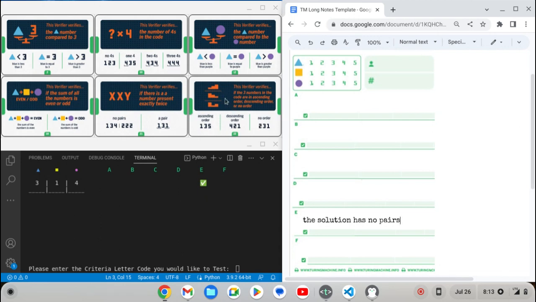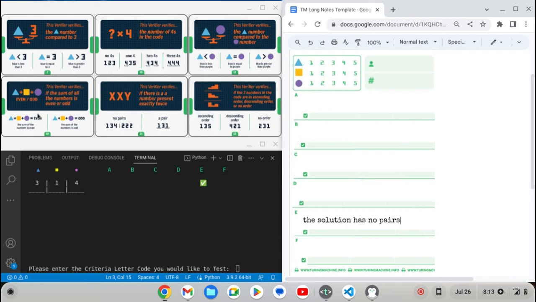And so I think that would make this card irrelevant. So I think it's safe to say that the solution is going to have all distinct digits. Which means then that criteria card B, it's a 50-50. It's either the 4 is there or it's not. Okay, so we do have all distinct digits.